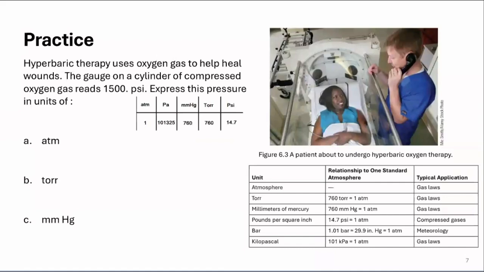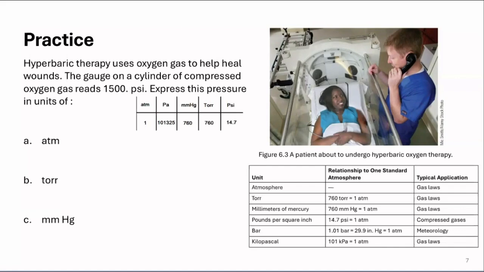One of the important things when it comes to pressure exerted by a gas is that we know how to do conversions. Let's do a practice problem converting units of pressure into each other. The practice problem reads: hyperbaric therapy uses oxygen gas to help heal wounds. The gauge on the cylinder of compressed oxygen gas reads 1500.